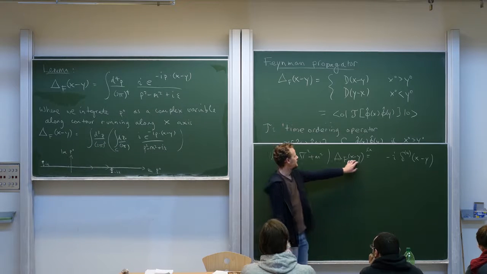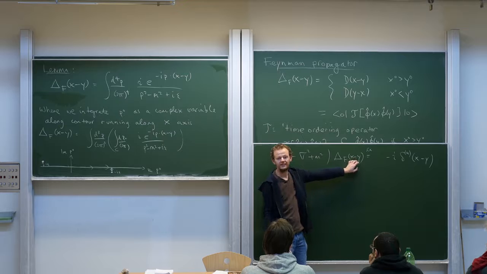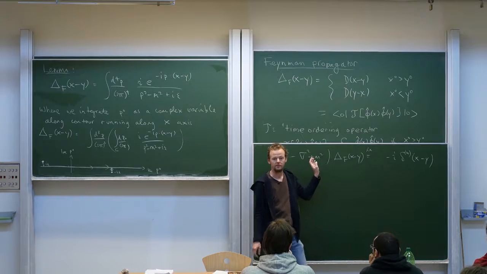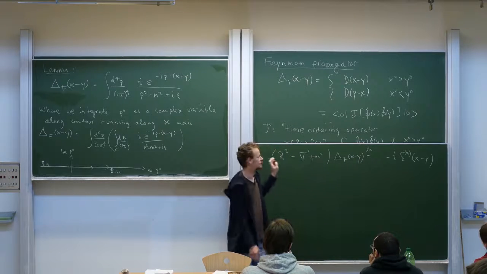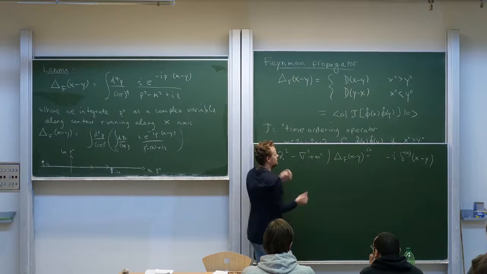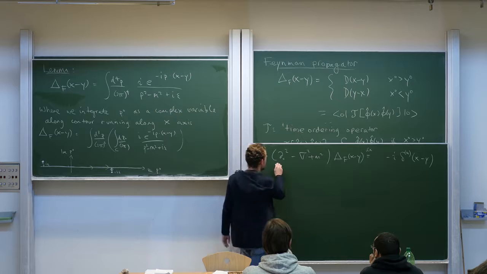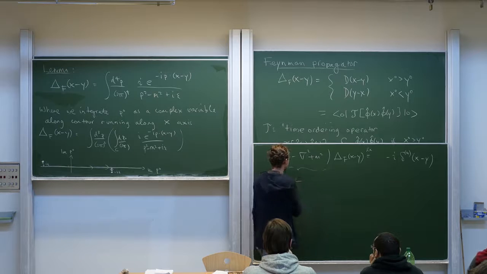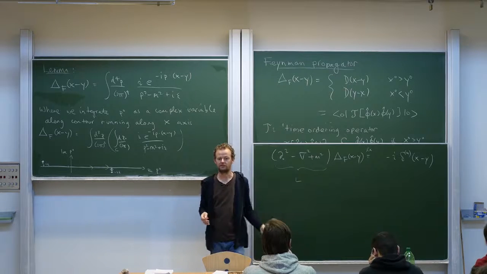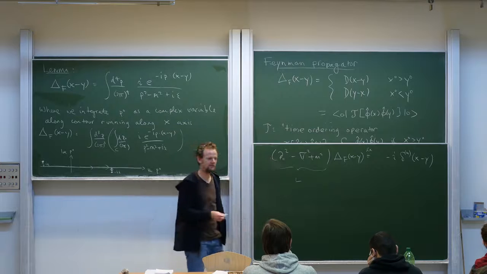So roughly speaking, a Green's function is the inverse of a differential operator. So if you think of this thing here as like a matrix, I don't know, call it M, or L, let's call it L. So this differential operator here is just like a gigantic matrix.